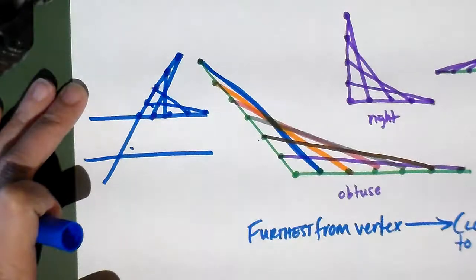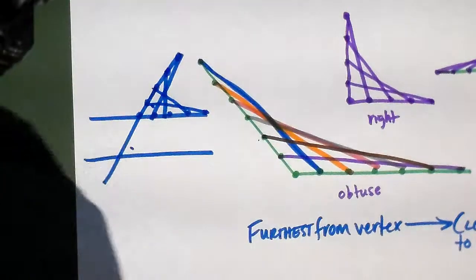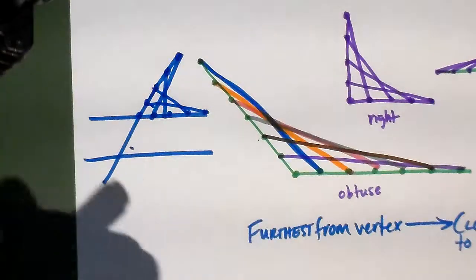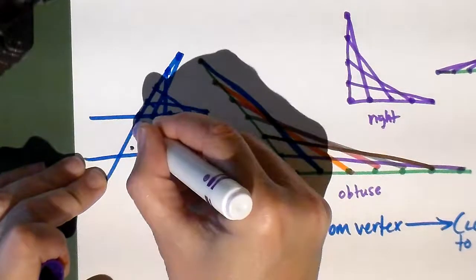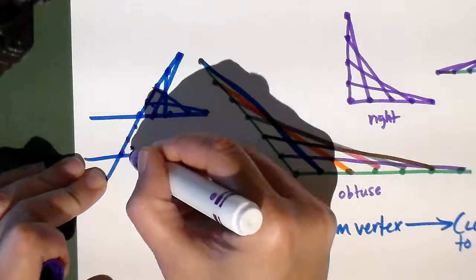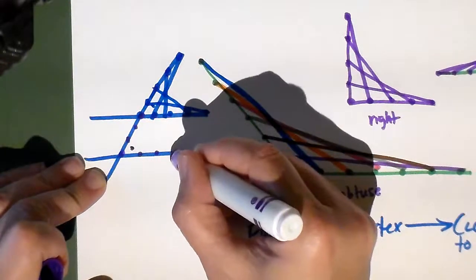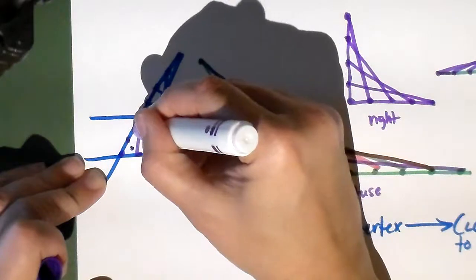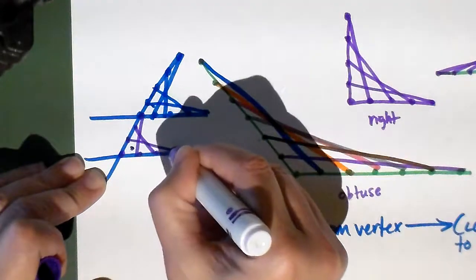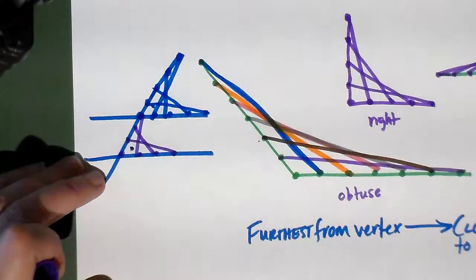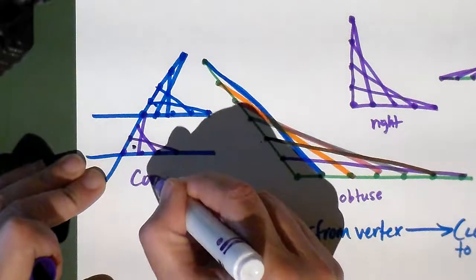That's corresponding angle set 1. And then the other corresponding angle is this one. So 1, 2, 3. I only have 3 there, so I'm going to add a fourth one. Then I go 1, 2, 3, 4. And there you go. These are corresponding.